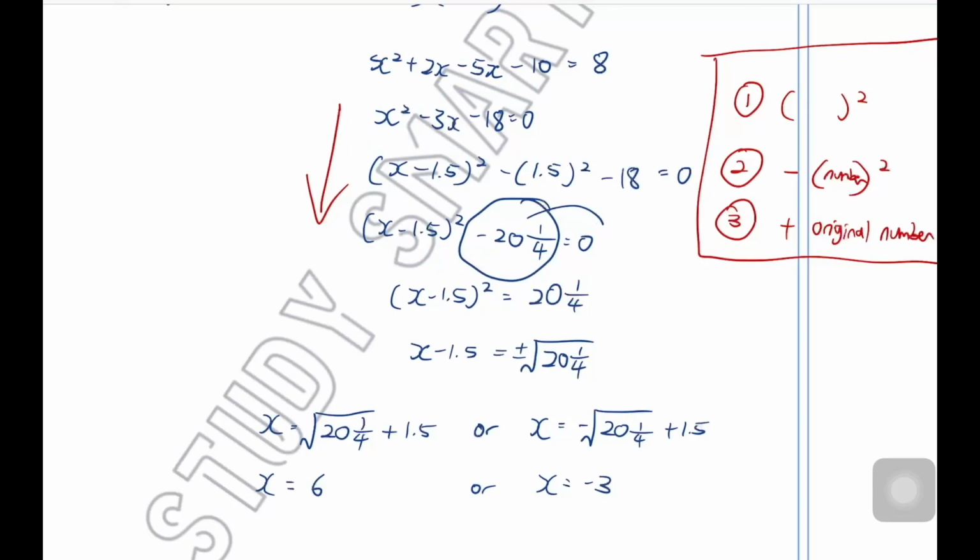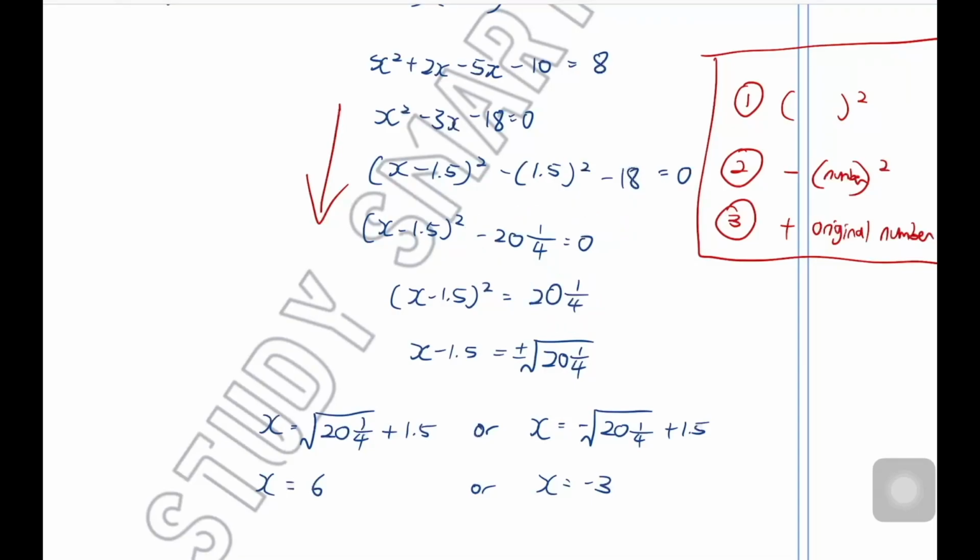Instead, what we'll do is move this negative 20 1/4 to the other side of the equation, and that's how you end up with this. So you can see that I have moved this to the right side, and that's why the negative 20 1/4 became positive 20 1/4.